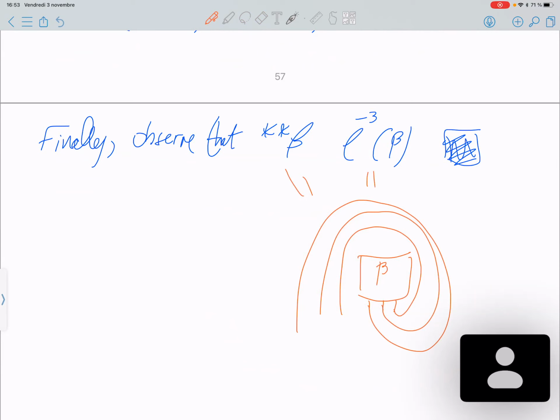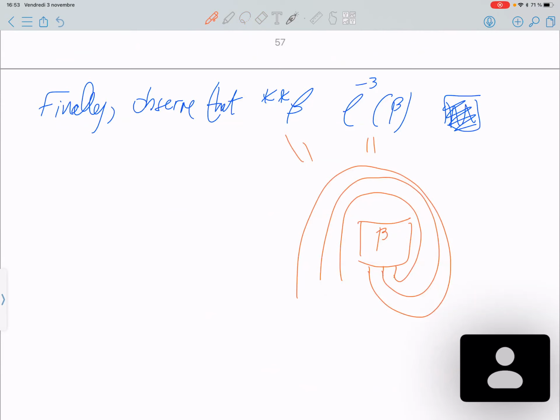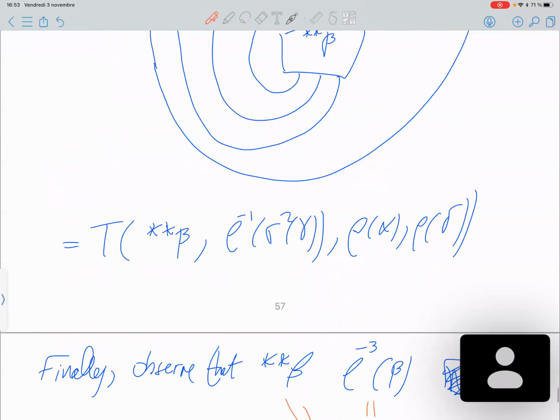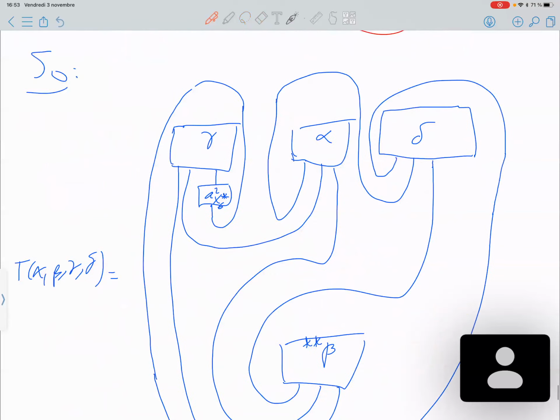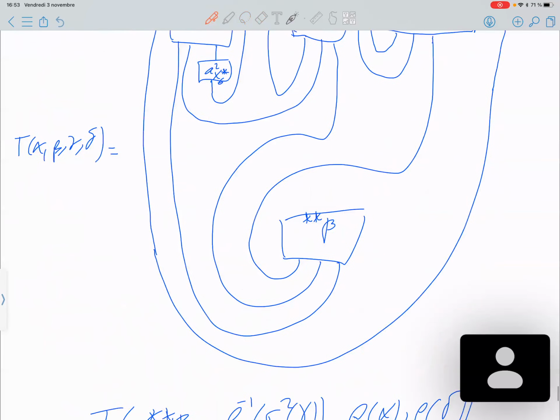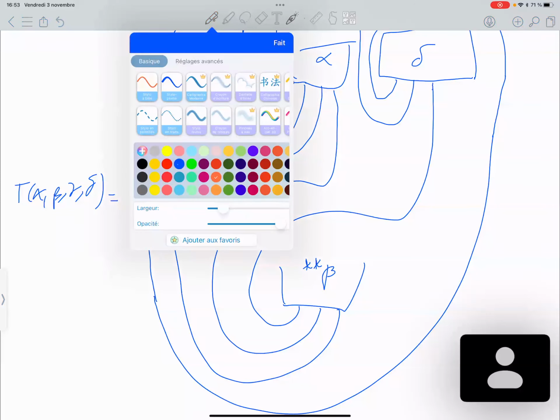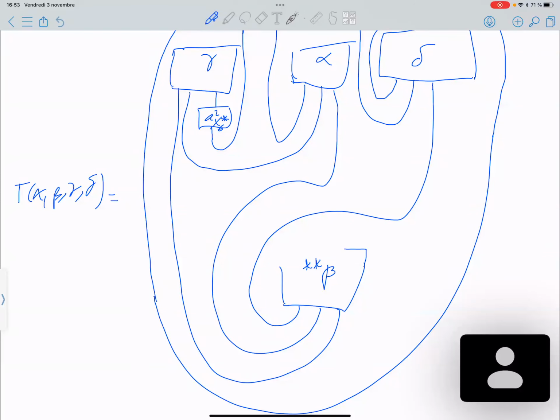Okay. So we are done with this symmetry. So it was a bit hard to draw. Okay.